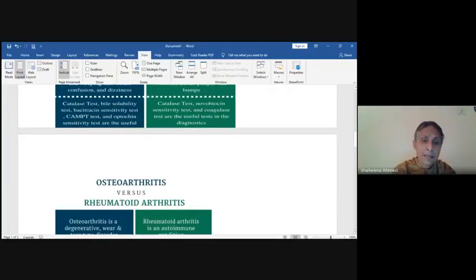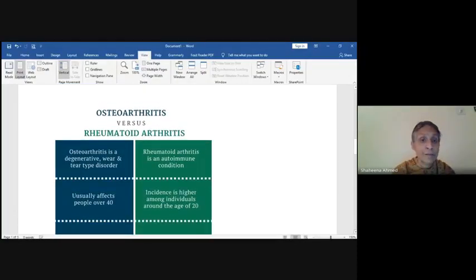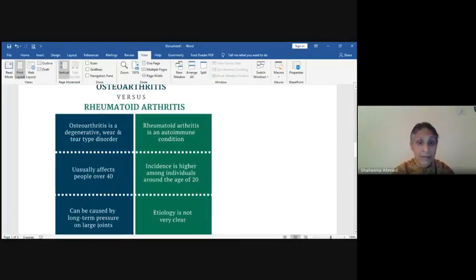Now, another two terms which you have to distinguish, because these are two types of arthritis which we see very commonly in our lives, and you see a lot of such patients. Both these conditions are arthritis. They are related to the joints, and generally the patient is going to come to you and say, look, I am suffering from joint pains.